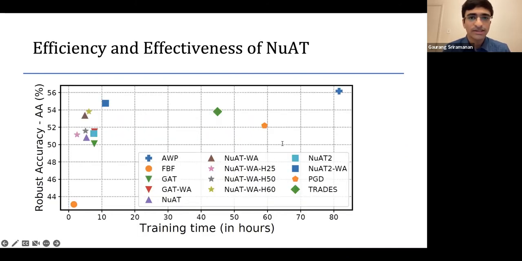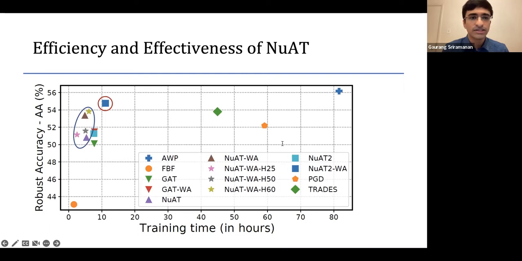So here we demonstrate the computational complexity of the proposed algorithm with various other defenses as well on the Wide ResNet 34-10 architecture on the CIFAR10 dataset against auto attack. We observe that the proposed single-step defense NuAT and hybrid NuAT achieve significant improvements in robust performance over other single-step methods while maintaining quite a low computational budget.